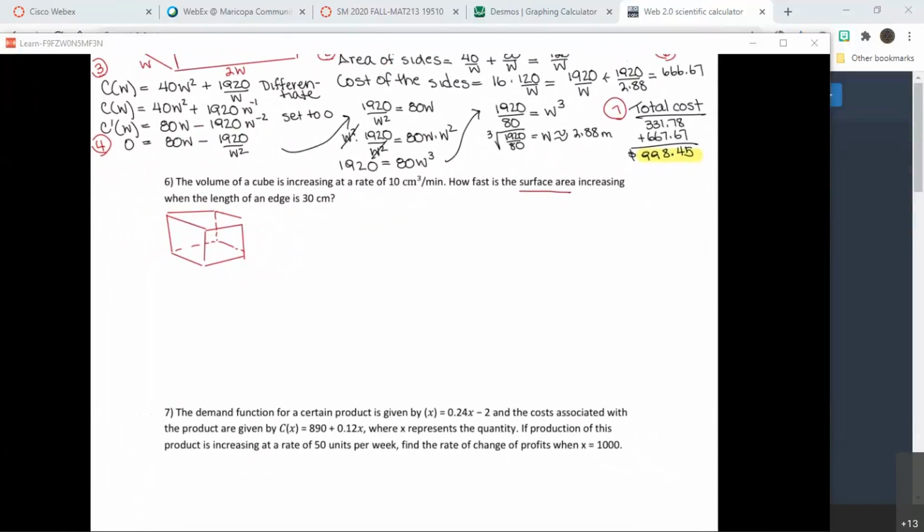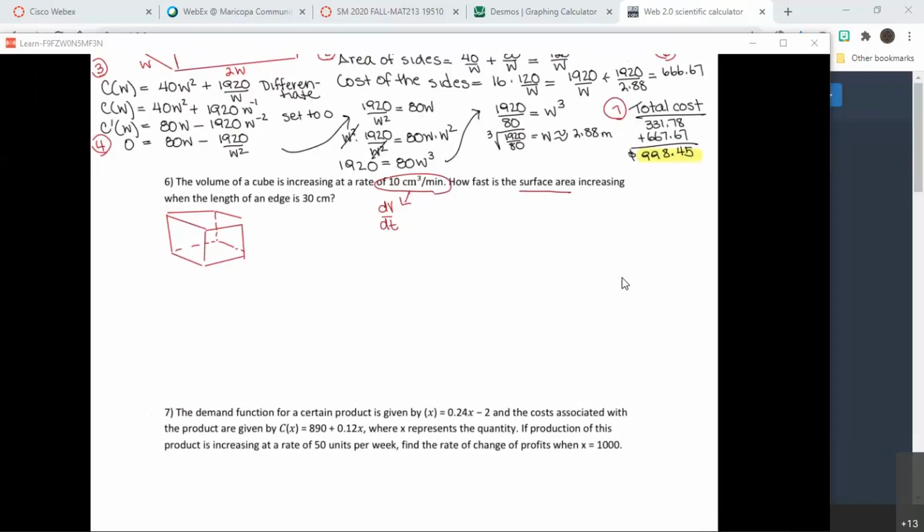They're giving you a rate for the change in volume. This is dV/dt, because of the units: volume is in cubic centimeters, time is in minutes, and they give it to you with rate units, so you know right away it's a rate.